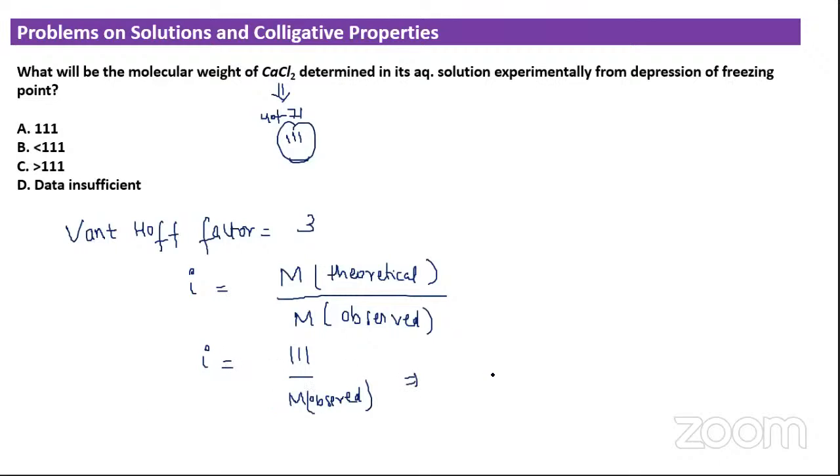So that shows that M observed will be 111 upon i, or 111 upon 3 in this case. So obviously it is less than 111. So B part is correct. ठीक है. So this was a useful formula here.